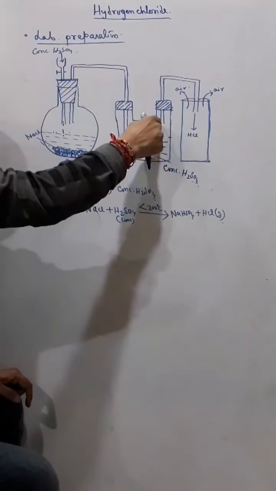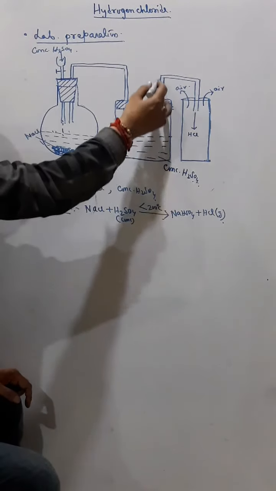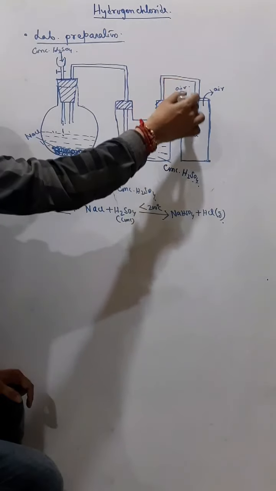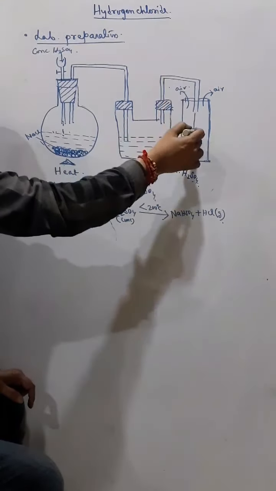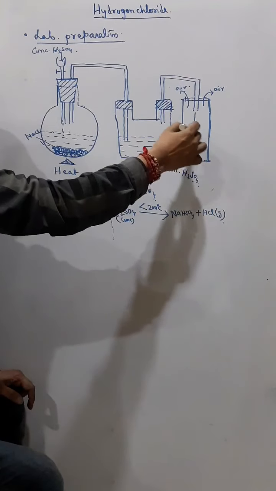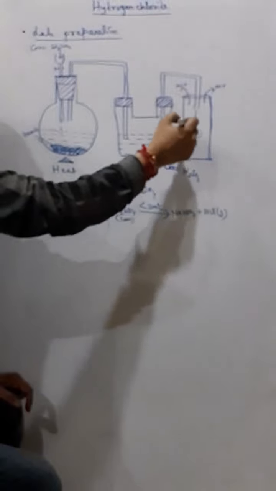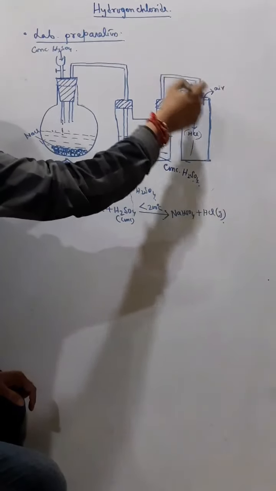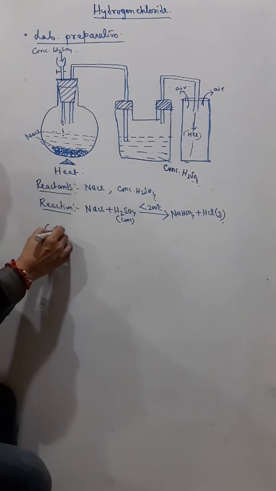So HCl formed passes through this concentrated sulfuric acid and gets dried up, and then HCl is collected in this gas jar by upward displacement of air, because HCl is a heavier gas. As HCl gas is collected, the air from here goes up. So therefore this is upward displacement of air.